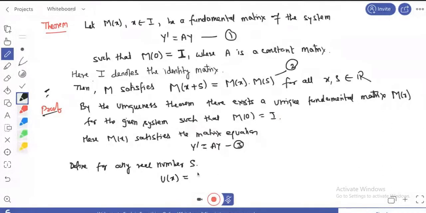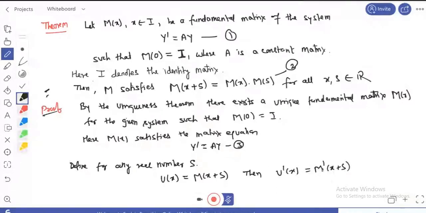You can define this as M(x plus s), where s is a fixed real number. If you define this, then what is the differentiation of that? So this equals the differentiation of this function.